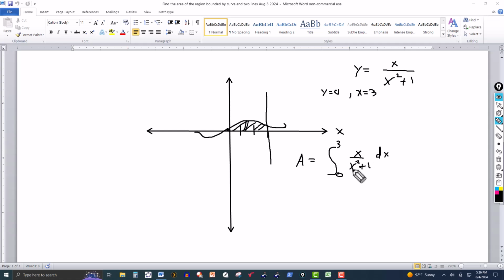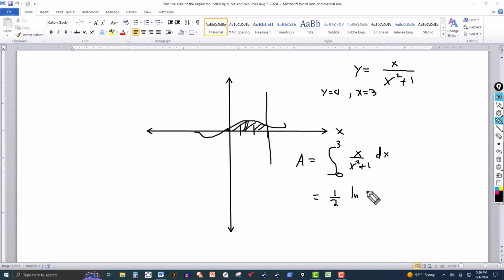Notice the derivative of x squared plus 1 is 2x. I only have an x there. So if I were to use a u substitution, this would be u, and the derivative of that is 2x. I need a 1/2 here, so this would just be 1/2 ln of the absolute value of x squared plus 1.